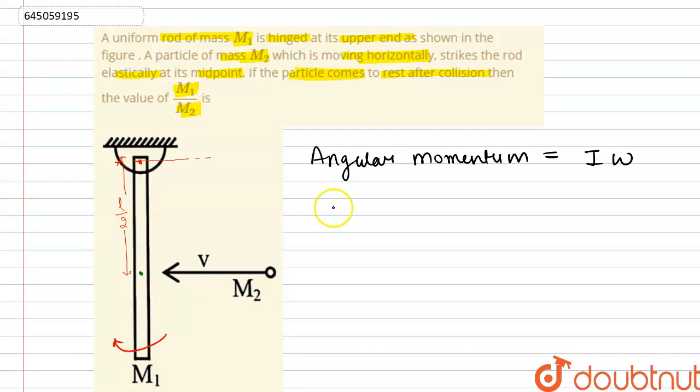Now, the center of mass of this rod is, the moment of inertia at the center of mass is given as m1 L square by 12, right? And about this axis we can find it by letting this axis be x dash, right?